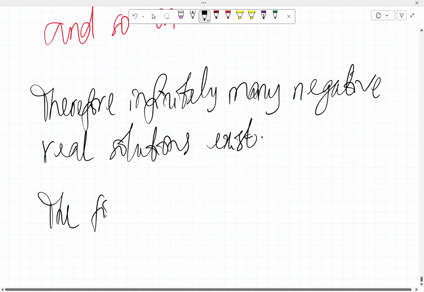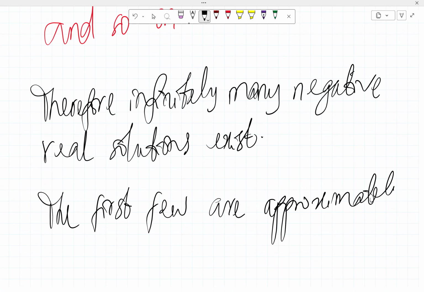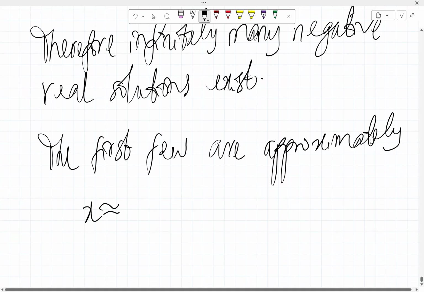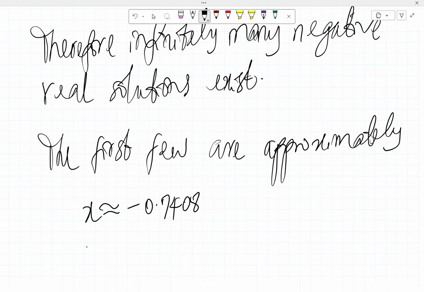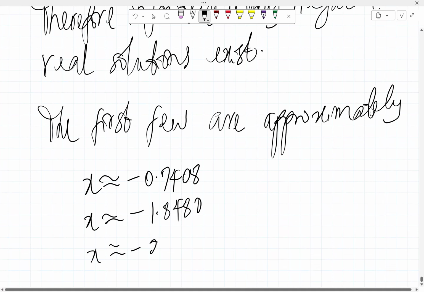The first few are approximately x equals -0.7408, another x equals -1.8480, another x equals -2.9128, and so on and so forth.